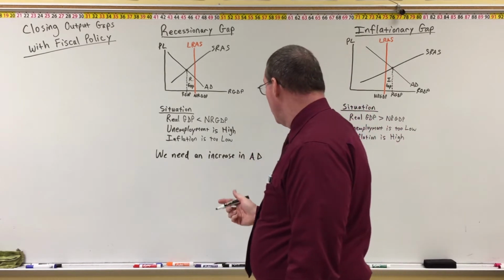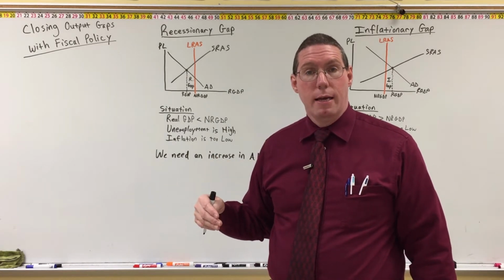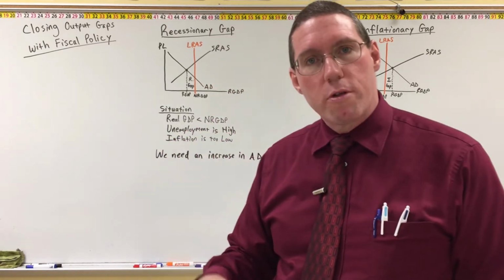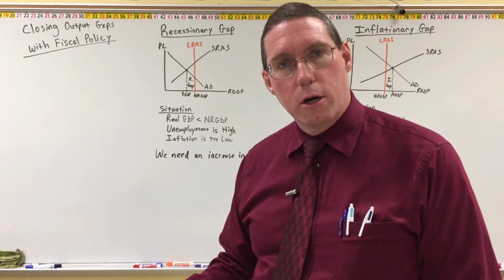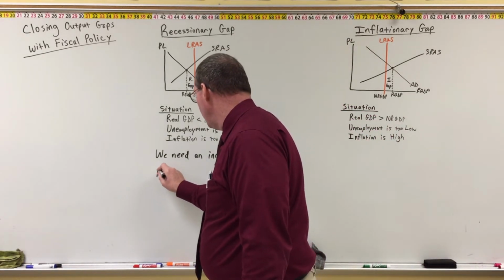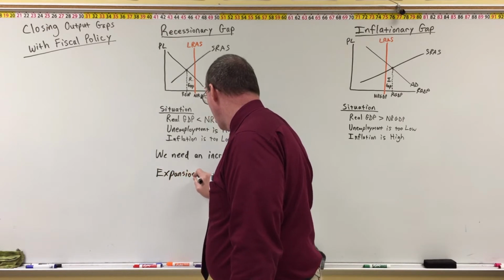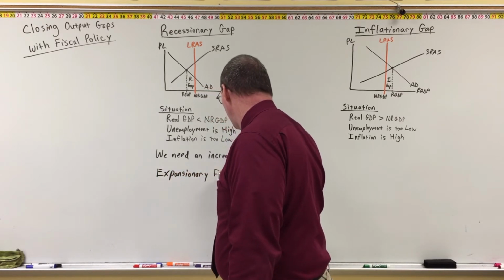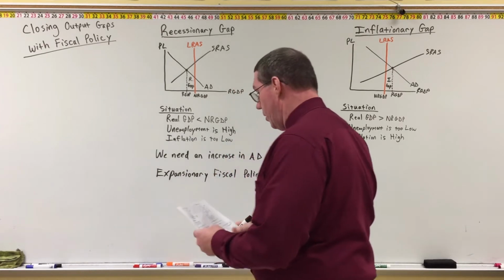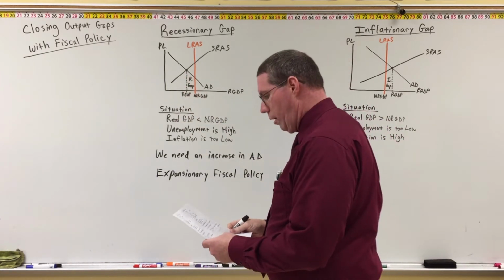And so, an increase in aggregate demand, that happens when there's an increase in total expenditure, right? And which kind of fiscal policy results in an increase in total expenditure? That's expansionary fiscal policy. So we need expansionary fiscal policy, because we need to expand output to bring it up in line with long-run equilibrium.